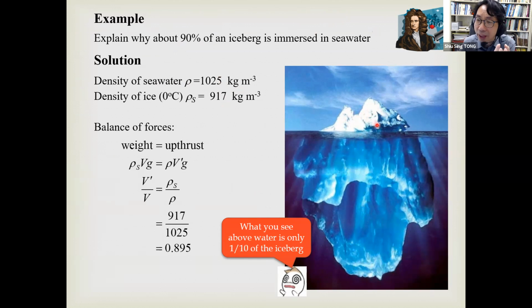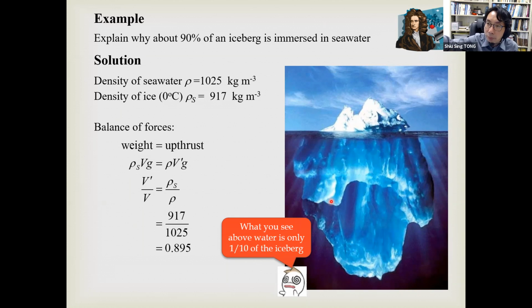That is a small part you can see above water, but actually there's a much larger part which is underwater. Okay, so that is why the Titanic tragedy happened some 100 years ago, when the Titanic sailed to a very cold region. The sailors at night cannot see very clearly at night.